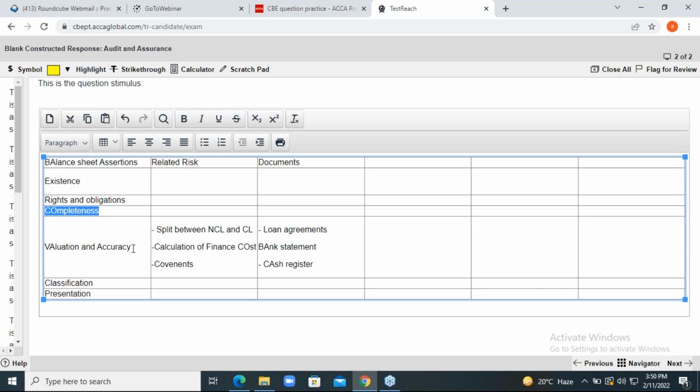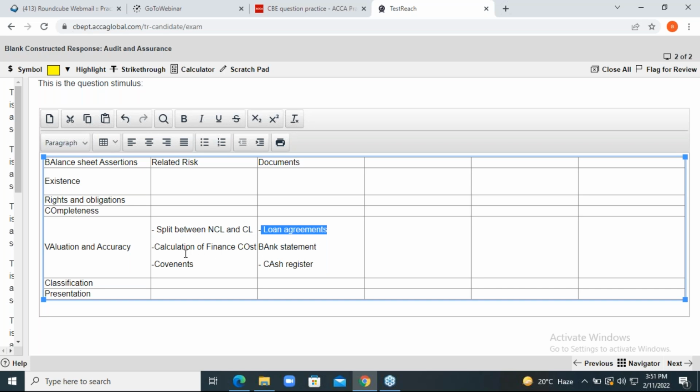If you want to confirm valuation and accuracy, then loan agreement is an easy document for you. Through the loan agreement, you can calculate interest, you can know what the terms and conditions are, what the maturity date is, whether you should pay in accruals or prepayments. So these important terms and conditions give you information regarding accrual calculation, split between non-current liability and current liability, and calculation of finance cost.